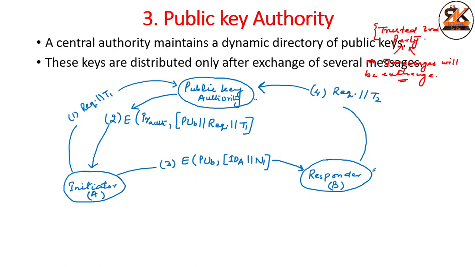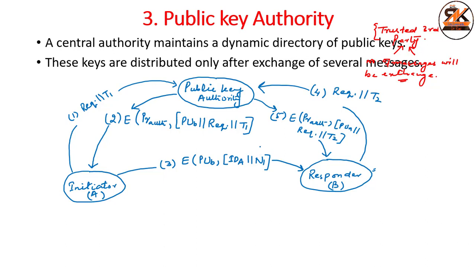So in response, as message number 5, this trusted third party will send a message in encrypted form, encrypted using the private key of the authority, and the contents are the public key of A appended with the original request message and the timestamp t2. Okay, and this fifth message will come back to the responder B.